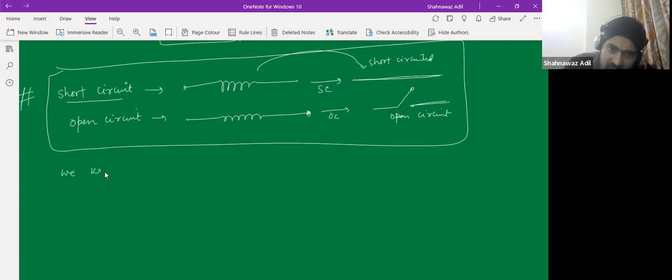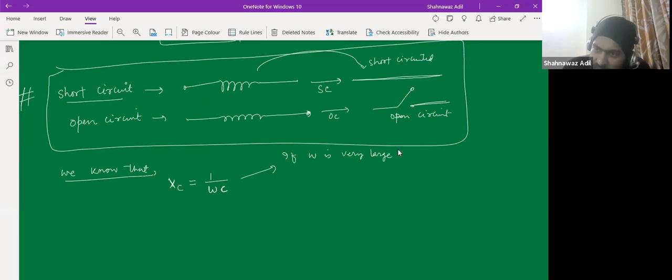We know that XC is the capacitive reactance of the capacitive circuit, and this is 1 by omega C. So if this omega is very large, let's say infinity, then this XC would be 1 by infinity, which is 0. So then this would be short circuited.